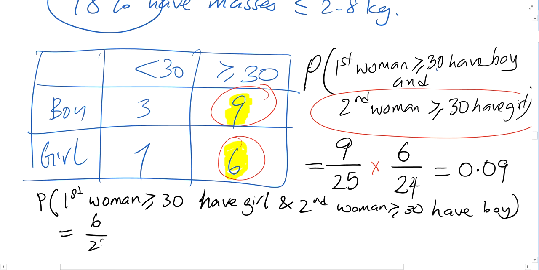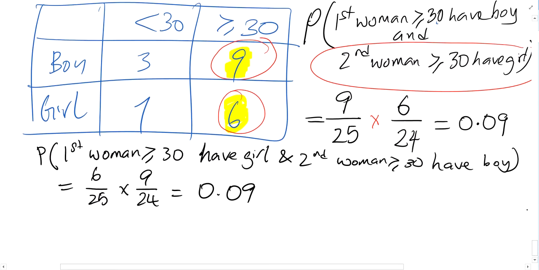So 6 out of 25 multiplied by 9 out of 24. And we get the same value, 0.09 again, because it is mathematically the same. So I can have the first case or the second case. We add them up. And our final answer will therefore be 0.09 times 2, 0.18.